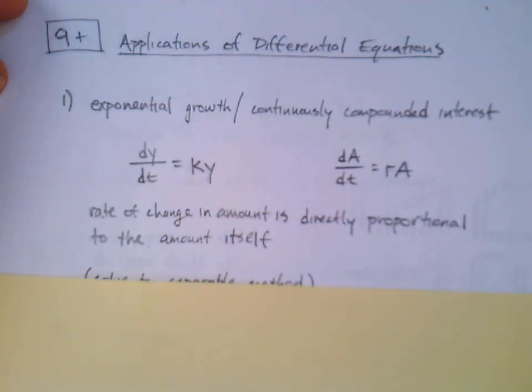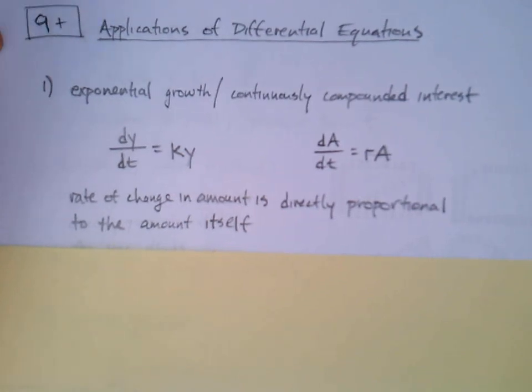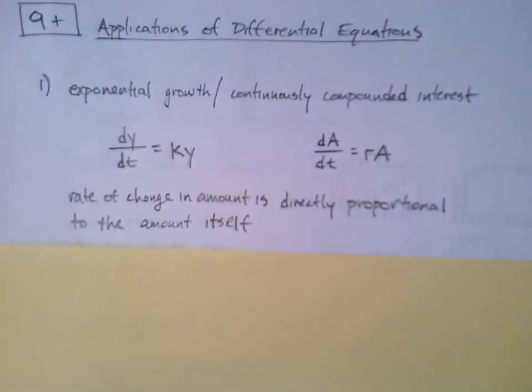Here is what I've got. Here's the first application. It's about exponential growth, which also applies to the idea of continuously compounded interest, which maybe is something that you saw in an algebra class. Comes back again in calculus, kind of cool.